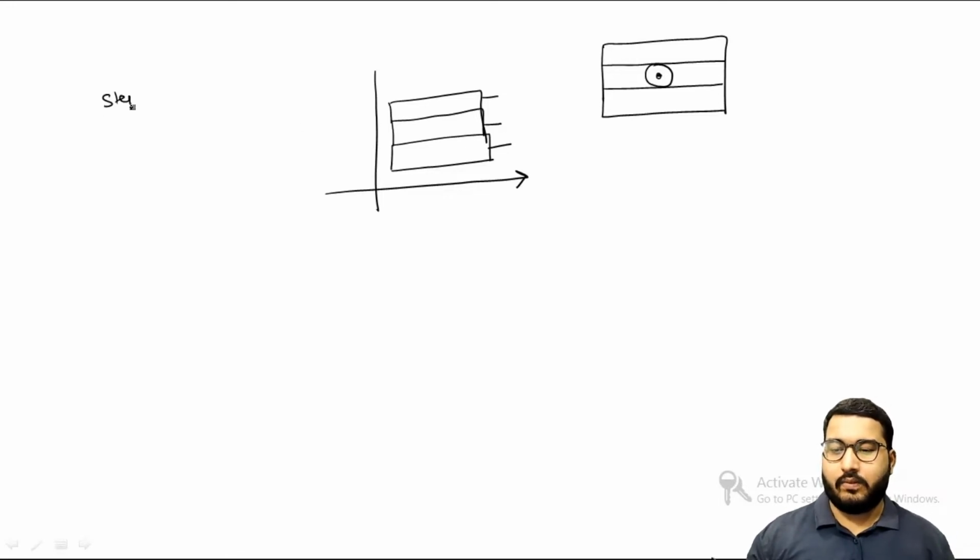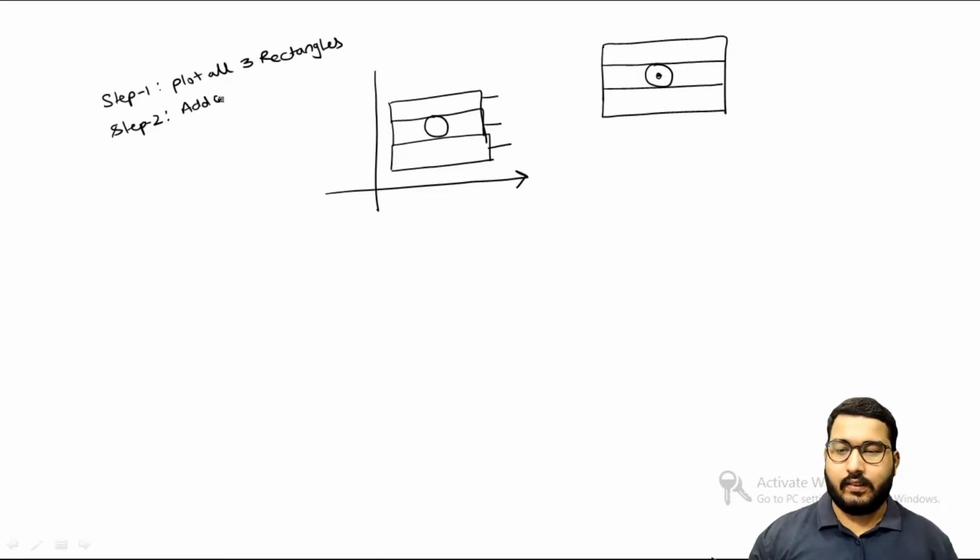So step number one is to plot all three rectangles. The second one is you need to add the circle. Then step number three is to place a dot.